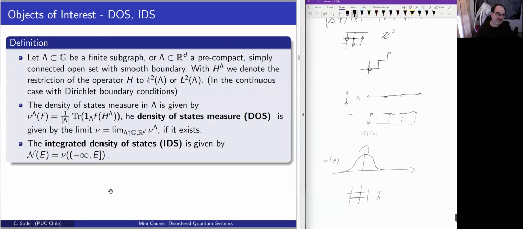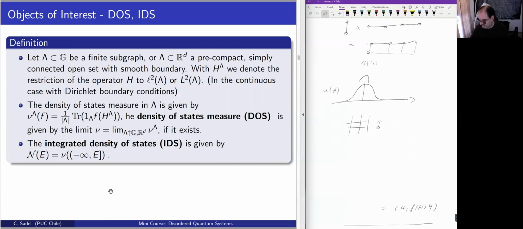Another object of interest that one wants to study is the so-called density of states measure, or integrated density of states. So what you do is basically, you have your model in the whole space, R^d, or in your whole graph. So let me think of R^d and Z^d now in particular, and then you restrict your model to a box, right?